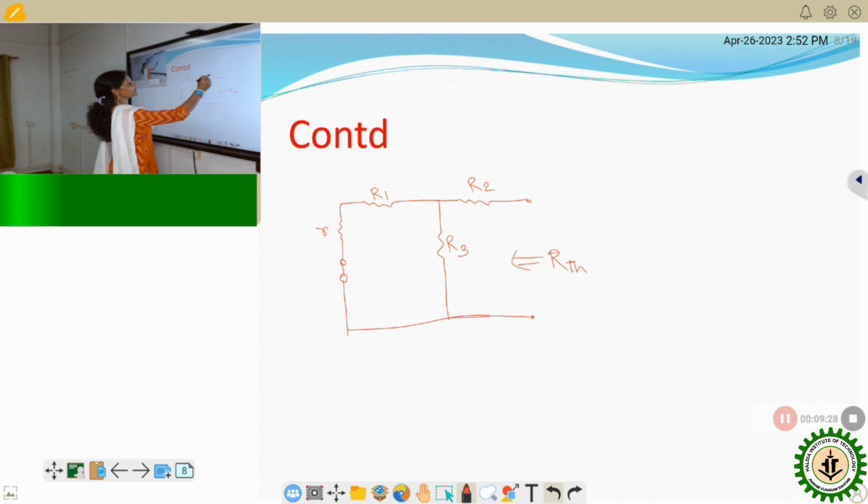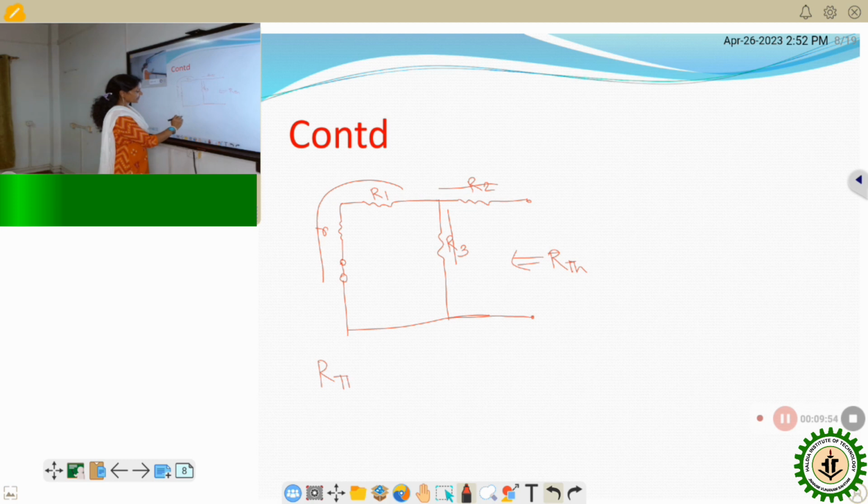Suppose a current flows through this R2, and it is divided into this path and this path. From the current direction we can understand that this small r and R1 are in series, this series combination is parallel with R3, and this parallel combination is in series with R2. Then what will be the equivalent resistance, the Thevenin equivalent resistance RTH?